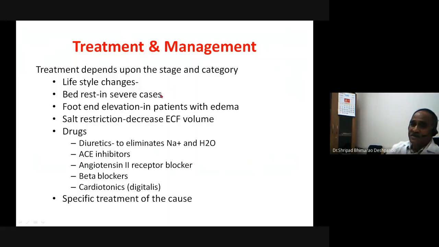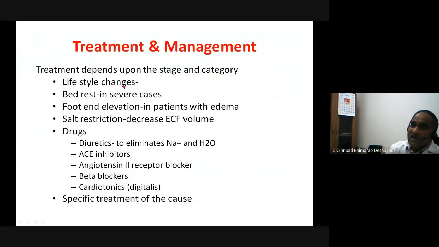Maybe he is definitely orthopneic, so he has to sit, and you give him some recumbent posture and elevate the foot end if a person is having edema, so that you help the edema drain out, and you advise the restricted salt diet, so that you reduce the sodium, and sodium is associated with the water. You try to reduce the ECF volume, the extracellular fluid volume.